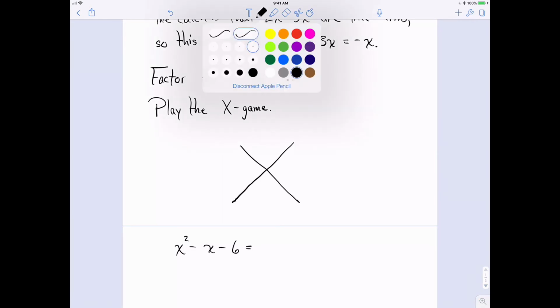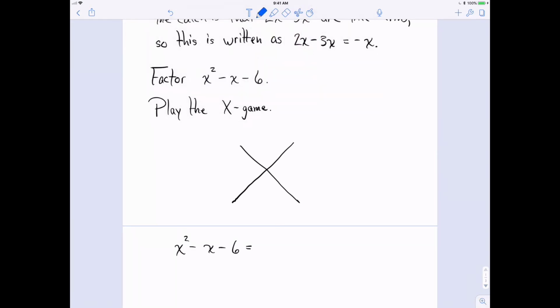One is that in math, if there's not a number written in front of a letter, we have what we say is an implied 1. Now you may say, why do mathematicians do that? Well, there's no reason to write it, but you do need to know it's there.